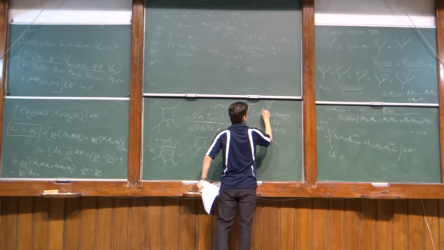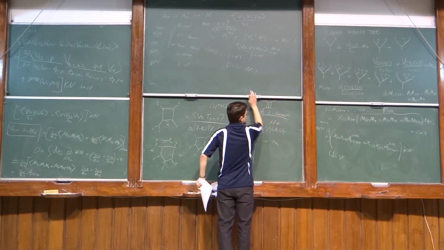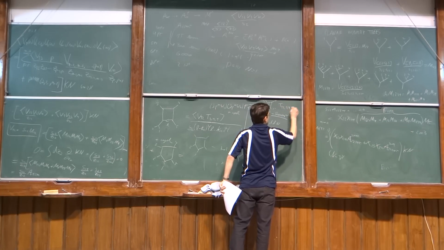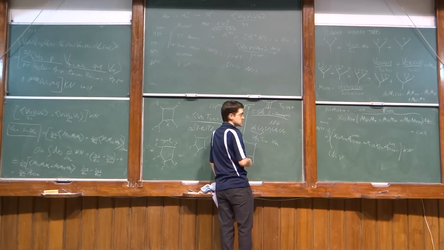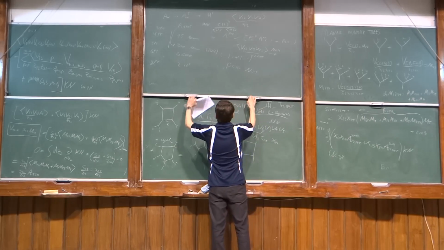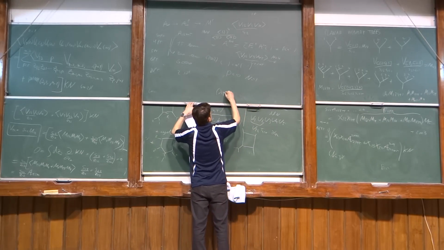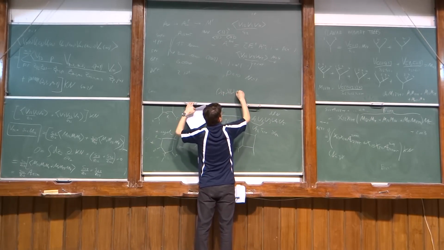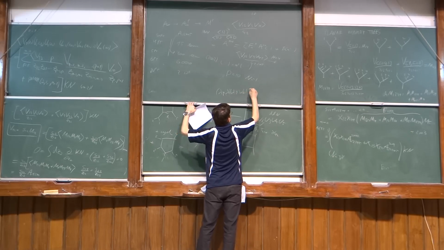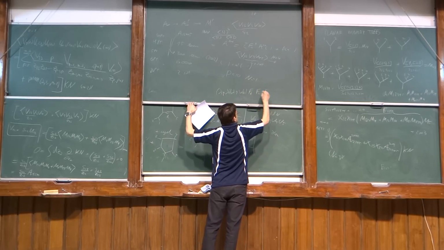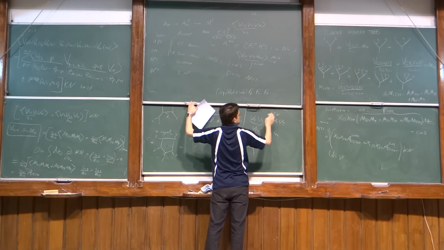And now, for example, this guy here will be something like T123 bar 45, where these 4 slots are the same 4 slots that you got in the 4-point amplitude, something like A and then F, B, F, C, F, D, some permutations, and contracting all the indices here.